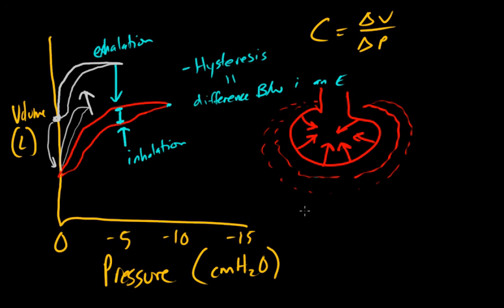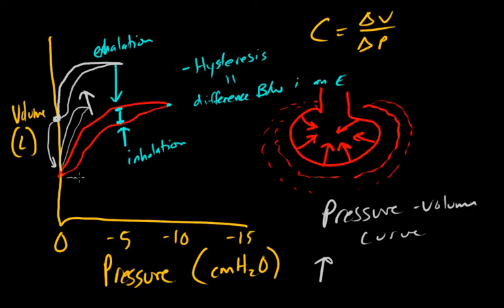So this is going to be our pressure volume curve. If you see the waveform move up at the same starting value, you know that you're going to have increased compliance. And if you see the loop go down, so if I'm drawing it out and you see this, you have a decrease in compliance.